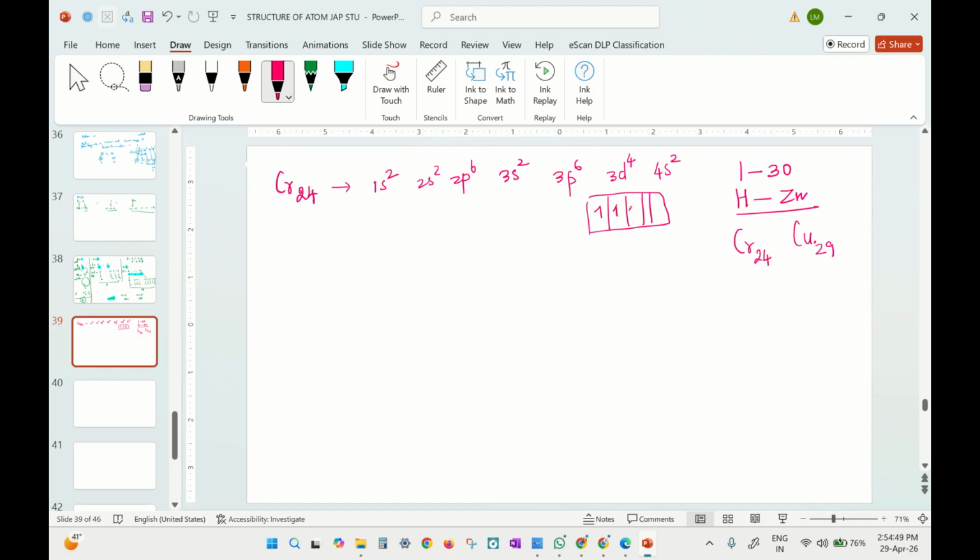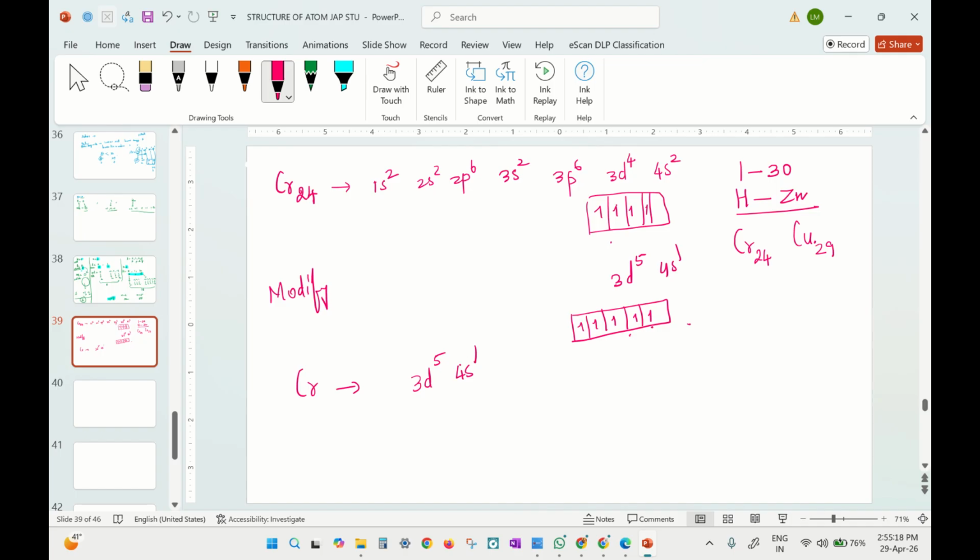So it becomes partially filled, so we modify the configuration and write it as 3d5 and 4s1. That way, the number of exchanges possible between the 5 electrons in 3d would increase. That would cause it to be stable. So chromium's configuration will henceforth be written as 3d5 and 4s1.